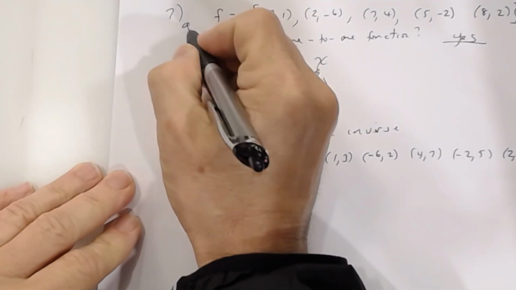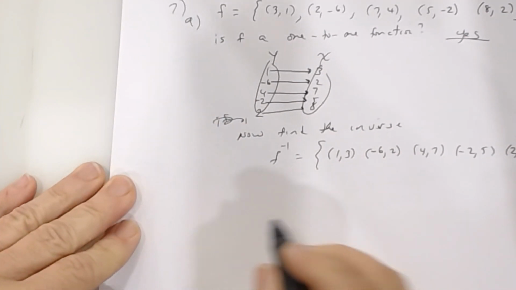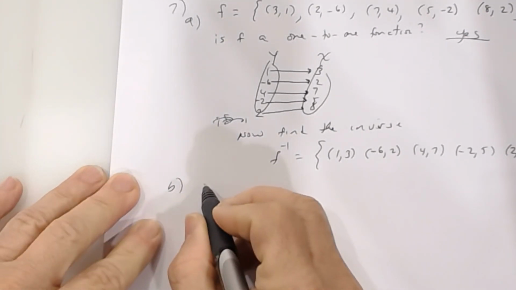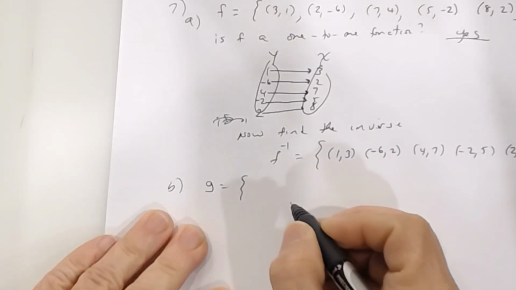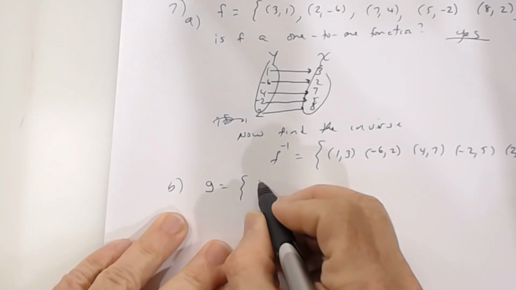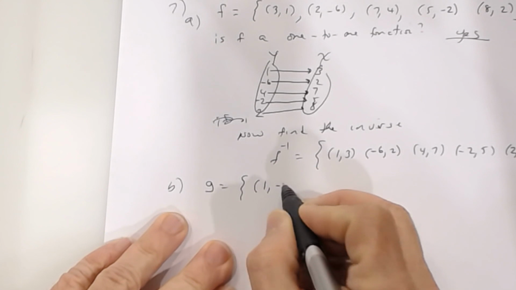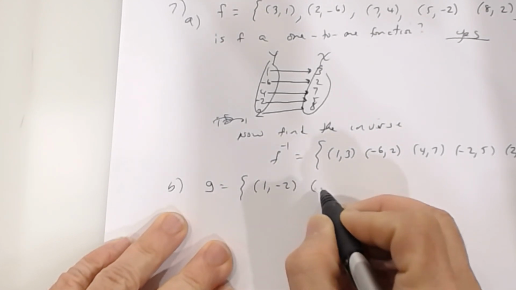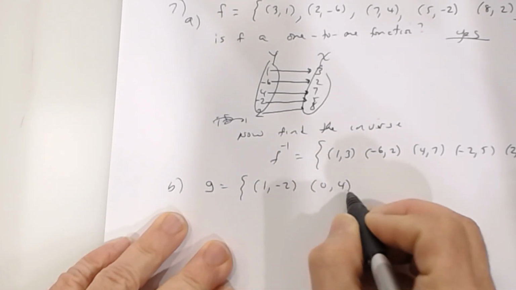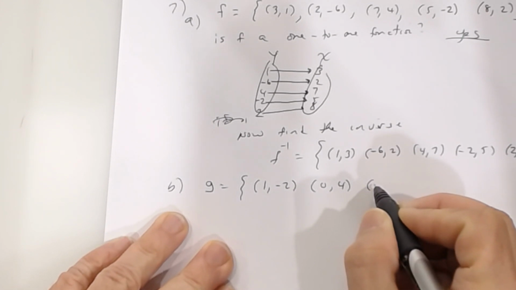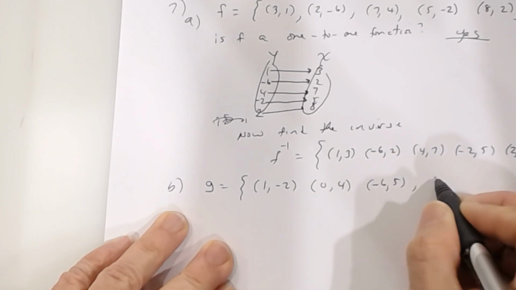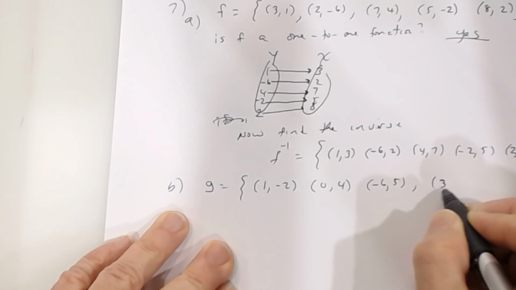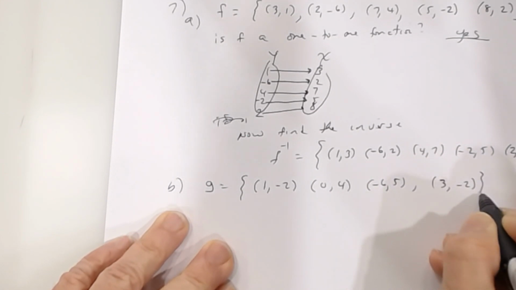So let's call this A right here, and let's call this B. Suppose that g equals this set of ordered pairs. Let's say 1, -2, 0, 4, -6, 5, 3, -2.